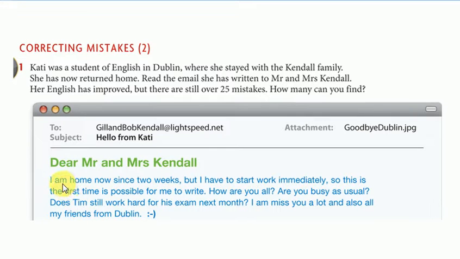If we look here, she's using I am, and along with that using point of time since 2 weeks. Of course, there is a mistake because it's 2 weeks time and it must have been from a particular period of time.